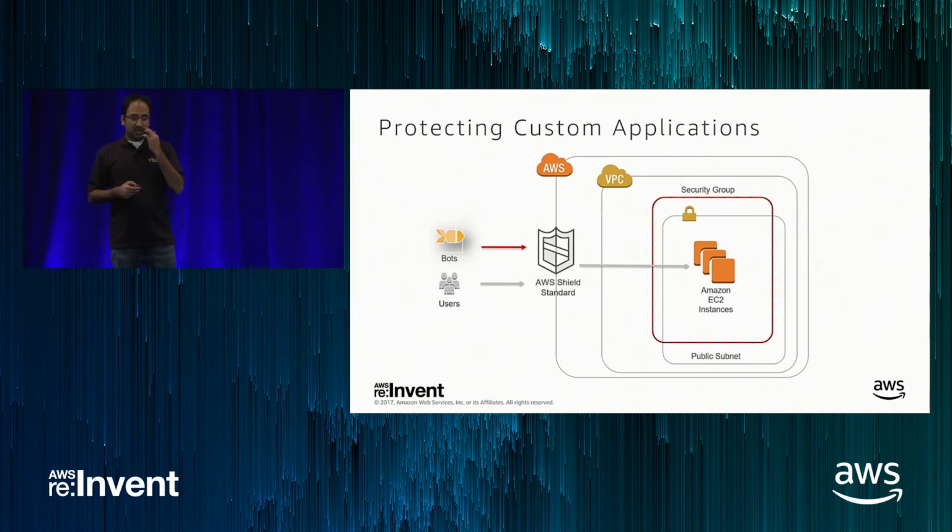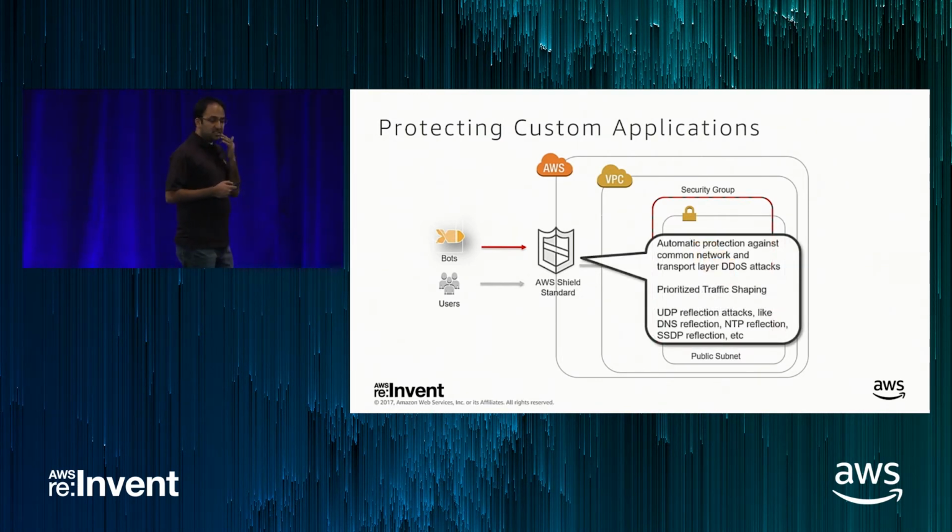Now, in addition to that, of course, there is Shield Standard, as I talked about earlier. Shield Standard, as I said, is in front of all internet-facing AWS services, including EC2. Shield Standard automatically provides you defense against some of these most common layer 3 and 4 attacks on EC2 as well. The way Shield Standard does that is it uses priority-based traffic shaping.